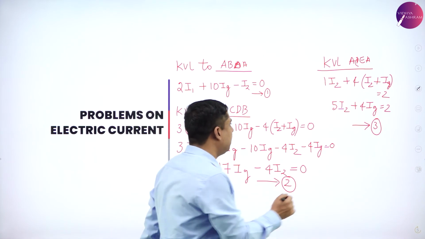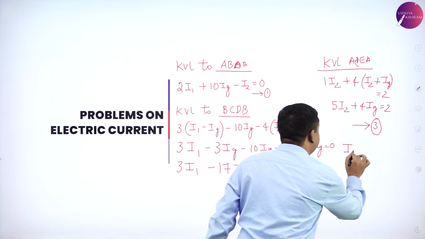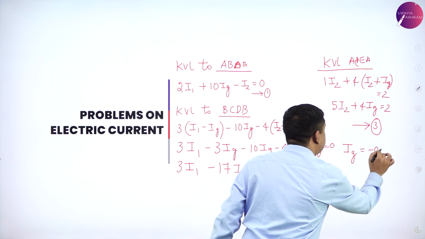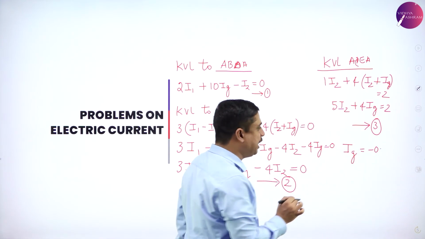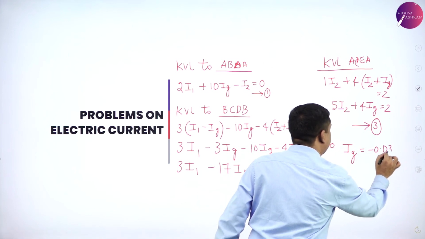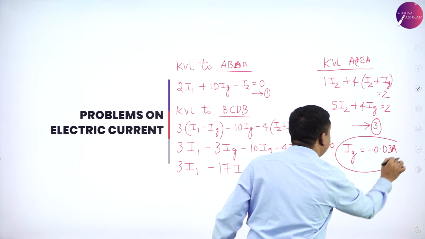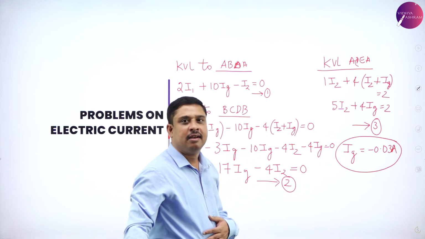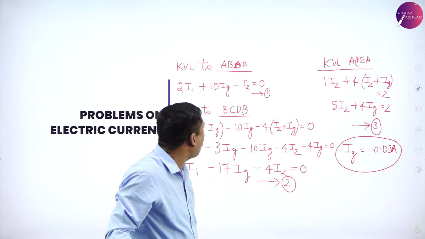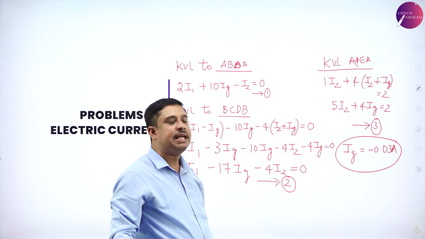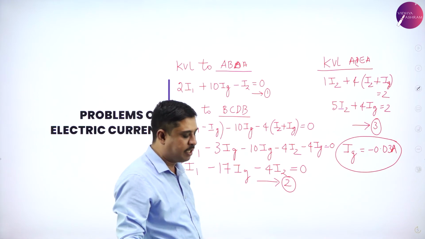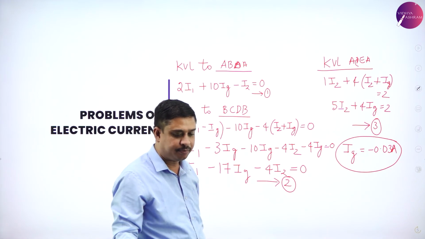So here, Ig turns out to be minus 0.03 amperes. So on simplification, the current flowing through the galvanometer is 0.03.